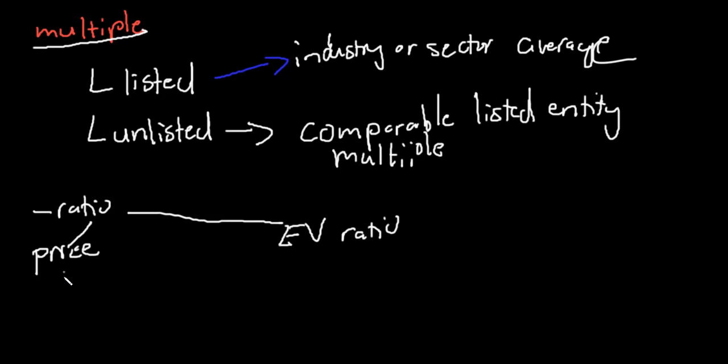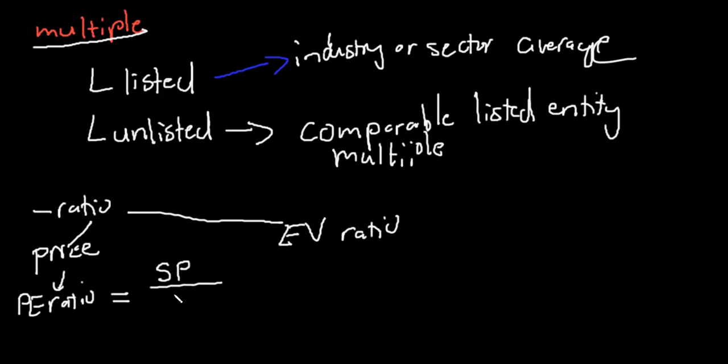The first, and I guess the most common one, is what we call the PE ratio. Simply put, the formula is the share price of an entity divided by the earnings per share. The price earnings ratio looks at the relationship of a company's share price relative to its earnings.